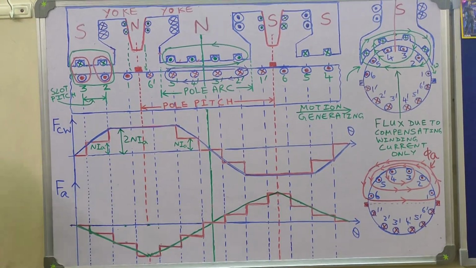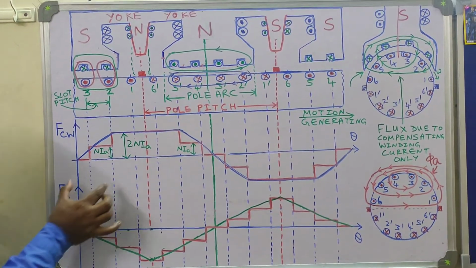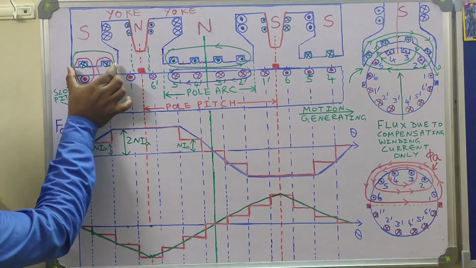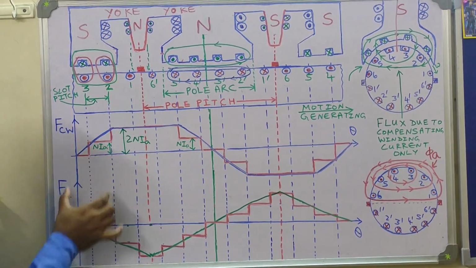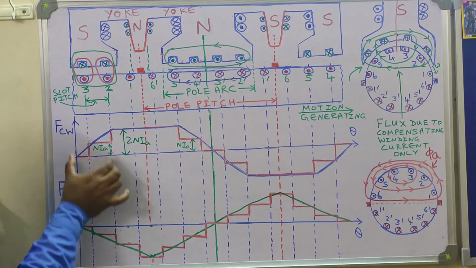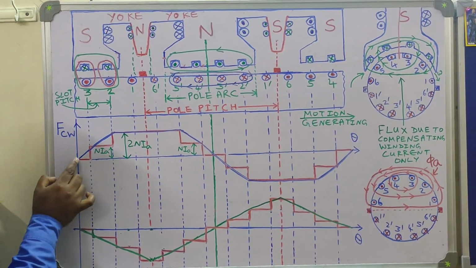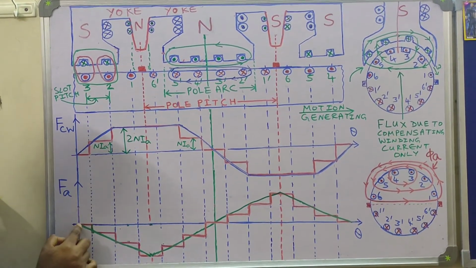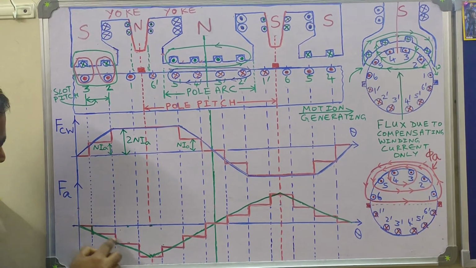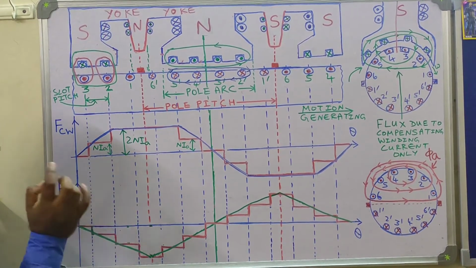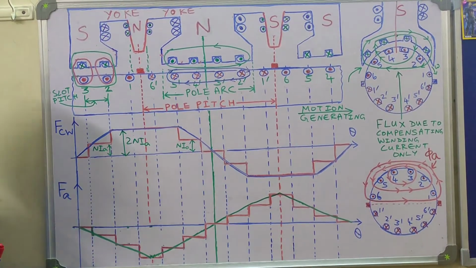Now what you can figure out is that this is the half of the pole face of the south pole. In this half of the south pole face, you see the compensating winding MMF is positive and the armature winding MMF is negative, so they cancel each other. What about this north pole face?